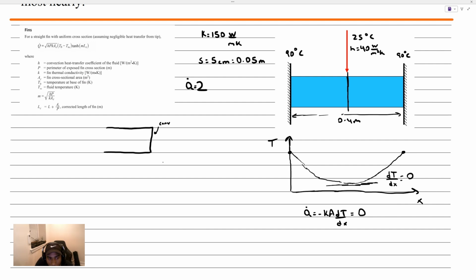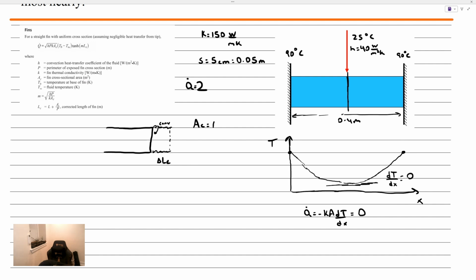Because their solutions are similar, instead of using the convection at the tip scenario, what we do is we extend the fin length by an amount, I'm going to call it delta L sub C. And delta L sub C is what we get if we take the cross-sectional area that's exposed to convection and we extend it to be on the surface instead of at that tip.